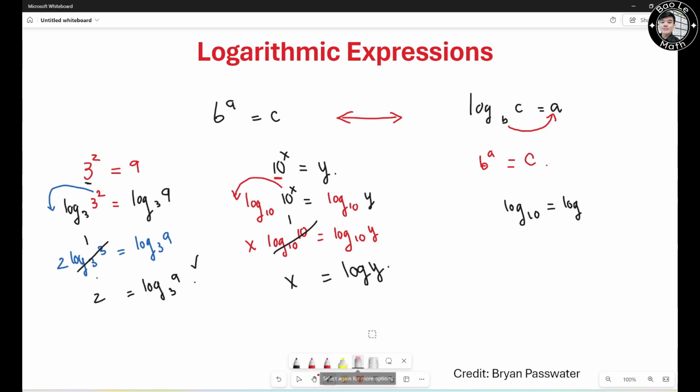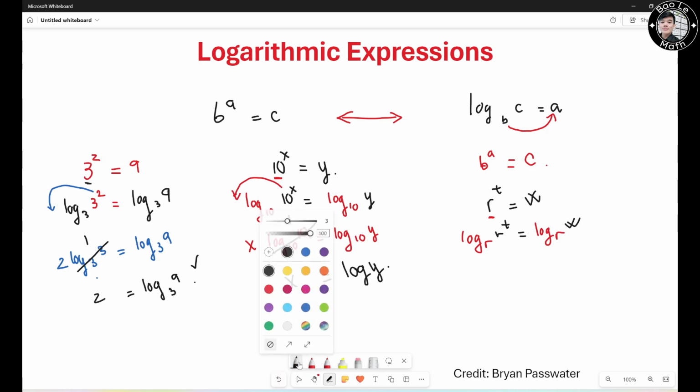Now let's take a look at the next example. For example, if I have r raised to the t equal to w. So I look at the guy right here, the base r. So I'm going to take log base r of both sides. So I have log base r of r raised to the t equals log base r of w.